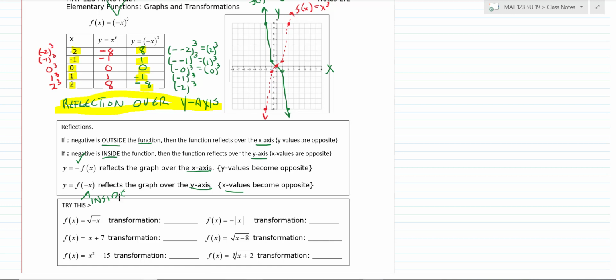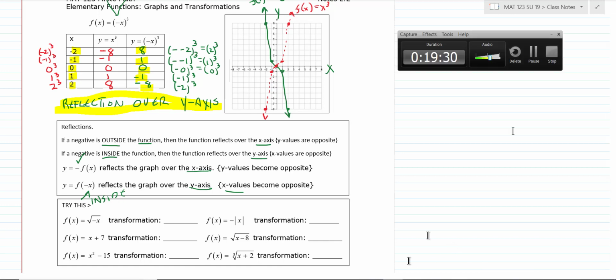Okay, so the next thing I want you to try to do is tell me what the transformations of each of these are. The possibilities are left, right, up, down, or reflect over x, reflect over y. That's what we've learned so far. So see how much of that you've got put together.